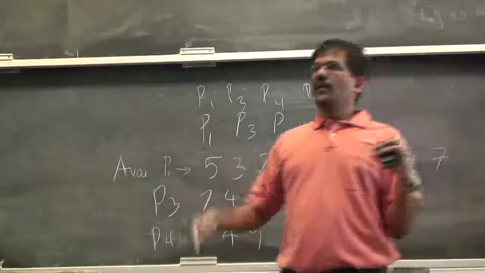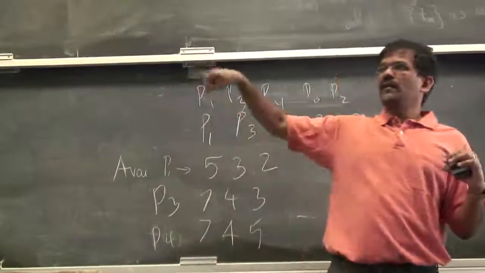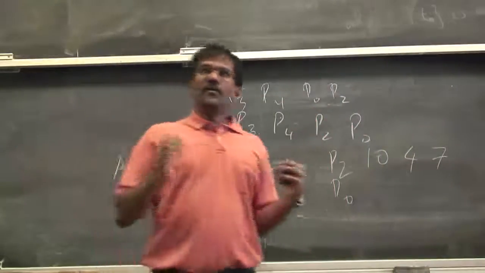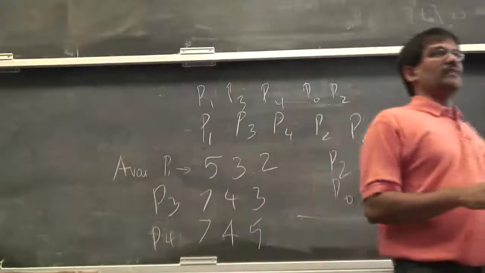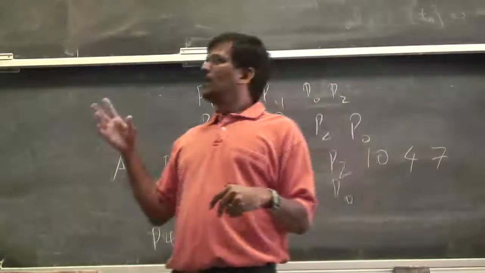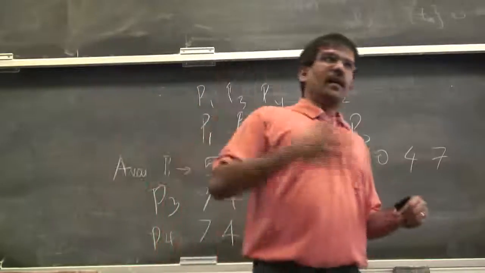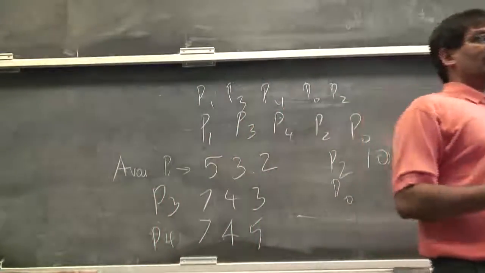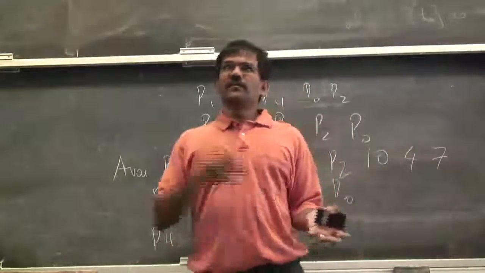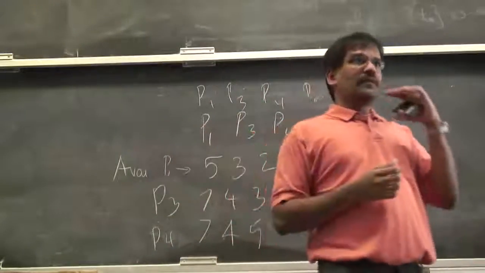Every time it has to allocate a resource, it has to run this algorithm. If you don't run it every time, then you could potentially be in a state where you gave resources and you could be in an unsafe state. And running this algorithm is O of m times n squared, which from the algorithm perspective is bad, because it's effectively an exponential algorithm.